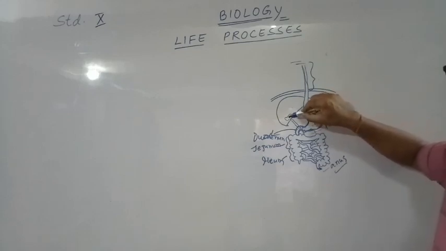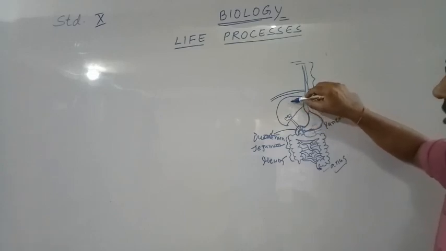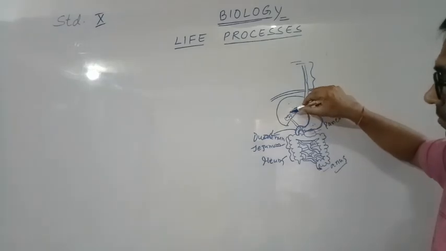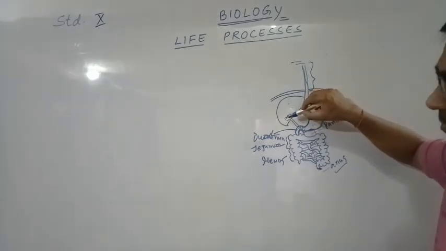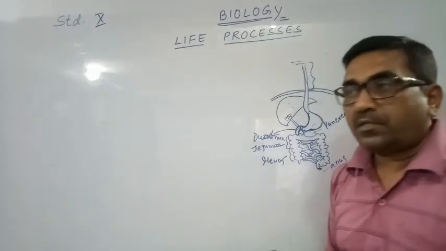The gallbladder stores the bile juice, and it is released from there. Both have two works.